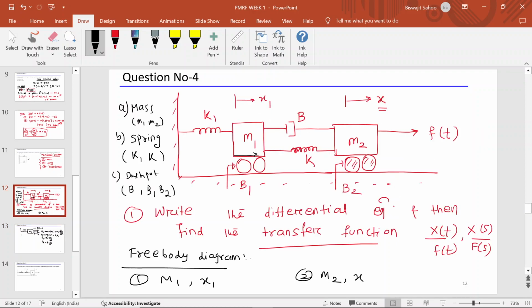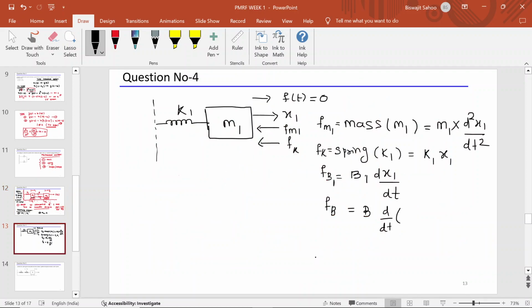Whenever you're considering your left side body, the relative position will be x1 minus x. So you can write here x1 minus x. This is a relative position, or relative displacement. Similarly, another force is there, that is due to k.